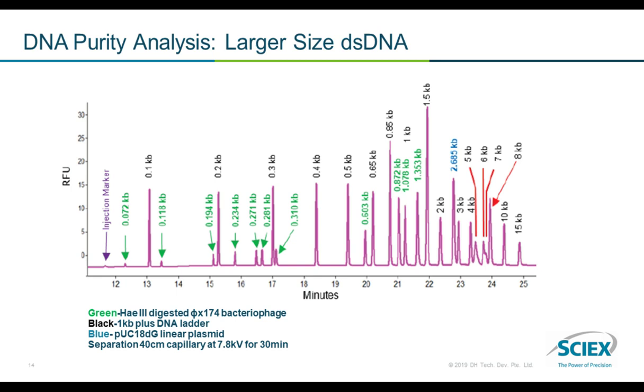These different color codings are the fragments of DNA that came from different sources: a DNA ladder, pUC18 plasmid, or phiX174 bacteriophage. So the source is different for each peak. But as you can easily see, we can get baseline resolution between 271 and 281 here, and 3 kb is here.